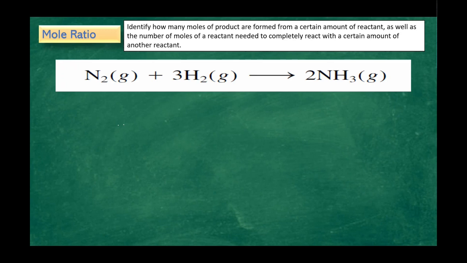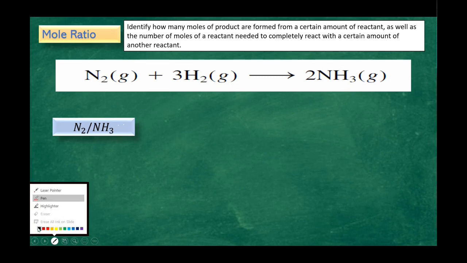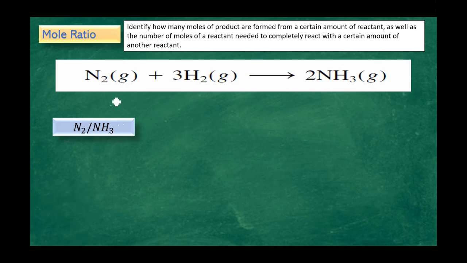Remember, the first step is to always have a balanced equation. So we have here nitrogen and ammonia. Look at our coefficients. Our mole ratio is the coefficient.